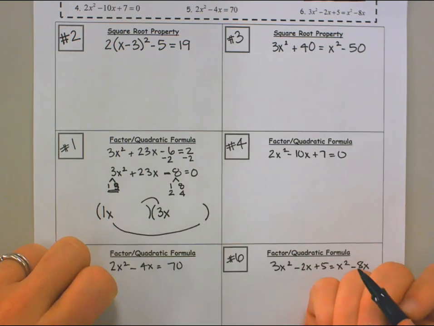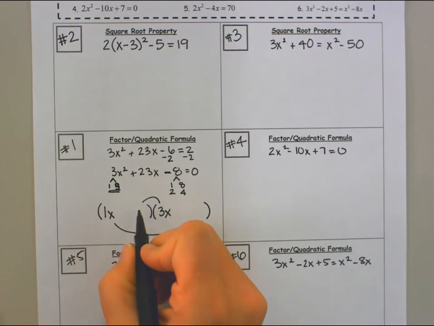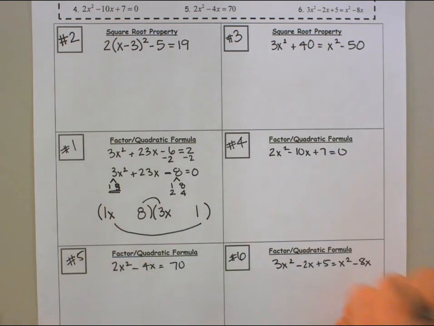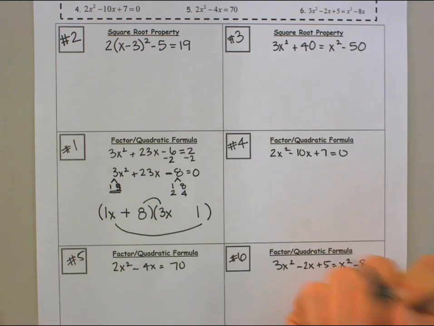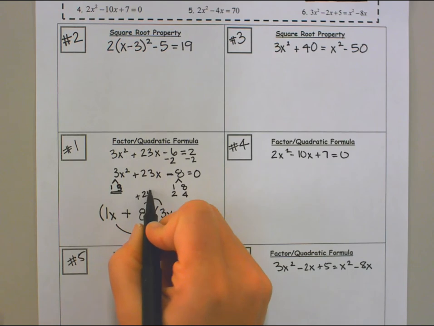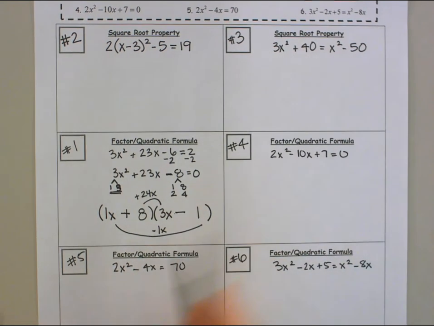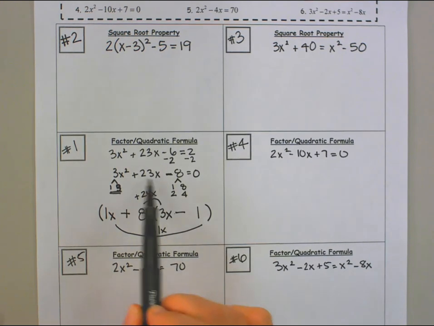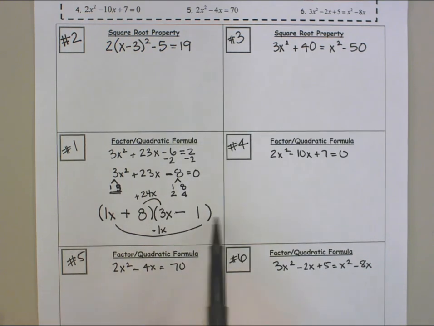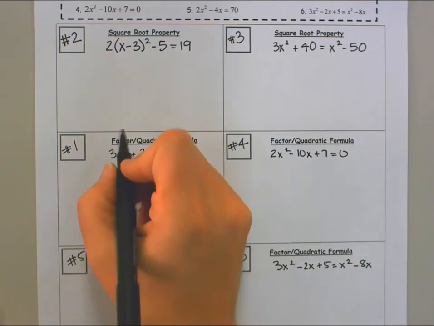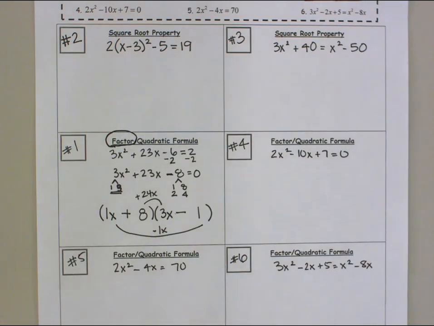That won't really work. If I switch it and I make this 8 and this 1, if I make this a positive 8, that would give me positive 24x. If I make this a negative 1, that would give me a minus 1x. So then positive 24x minus 1x would give me 23x. So these are the correct factors. So I'm basically ready to solve, but I know that I can do this by factoring.